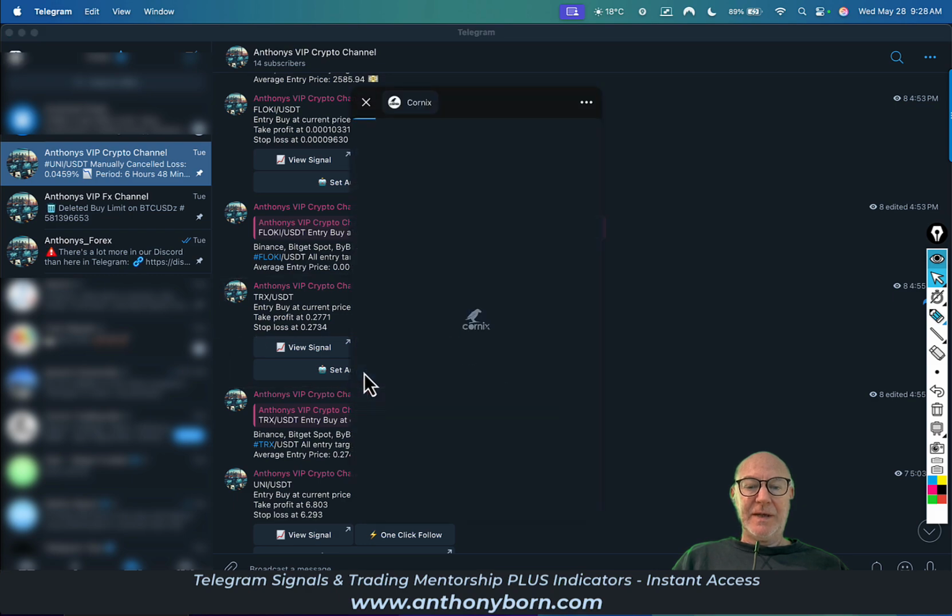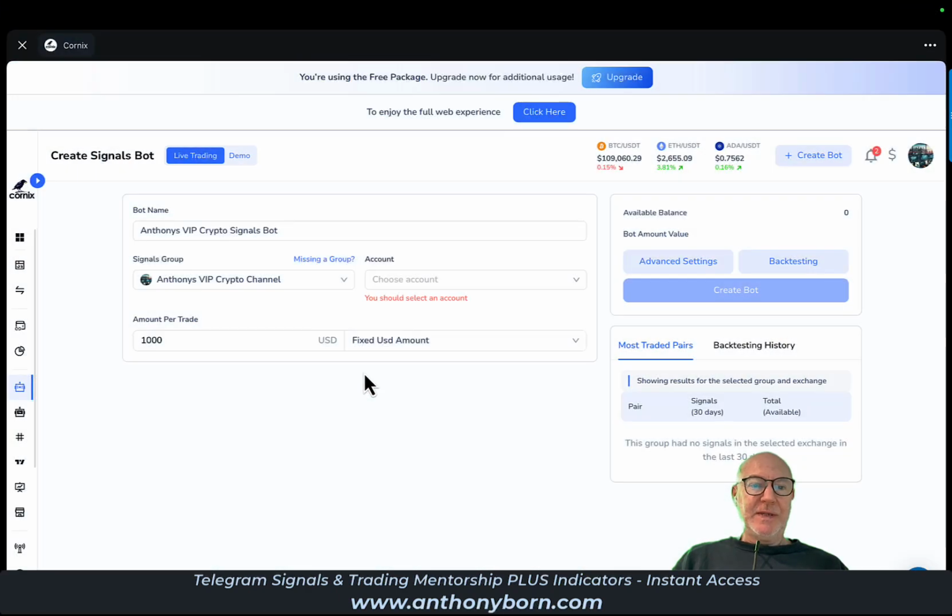If you click that, it will take you to this page here, where you can connect your exchange, and you can set the risk. You could go with a percentage, let's say 0.2% to start with, or 0.1, and then as time goes by you could increase that, and then just go over here and click create bot, and it's a really simple process.